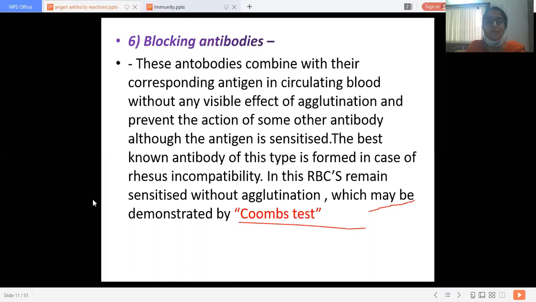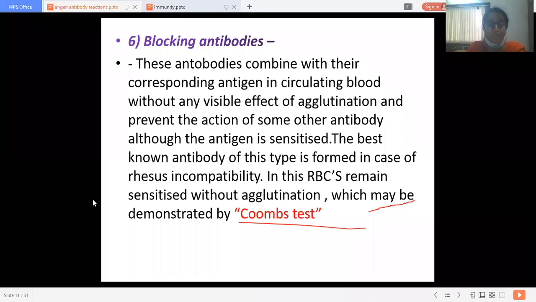The antigen gets sensitized, but they prevent the action of some other antibody. The best known antibody of this type is formed in the case of rhesus incompatibility.